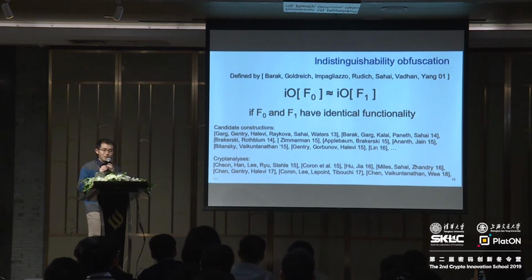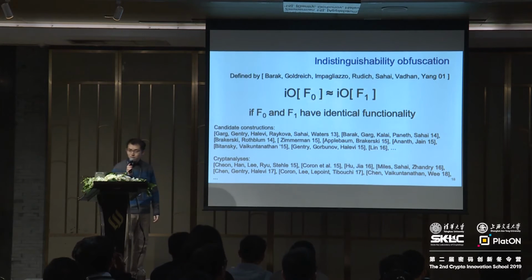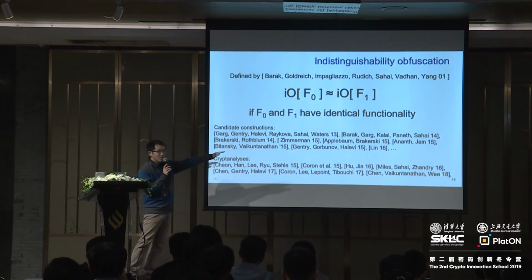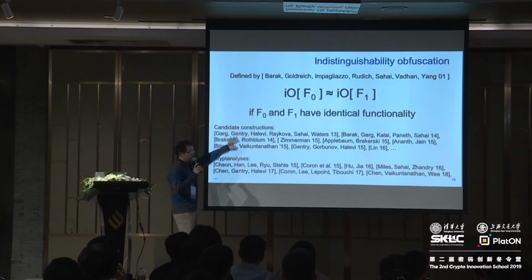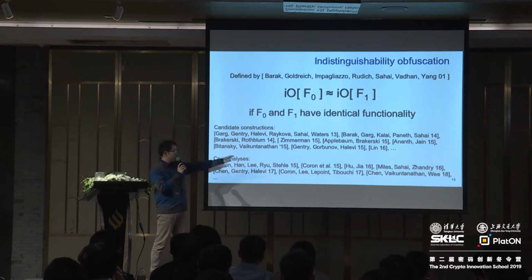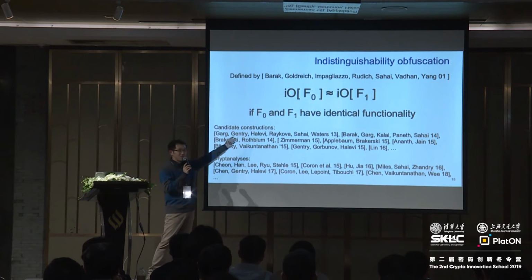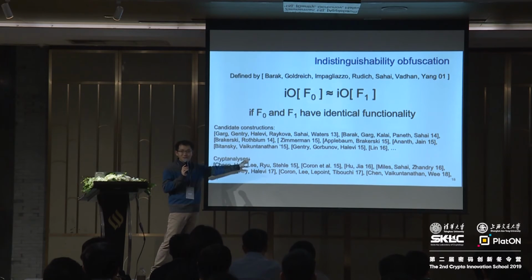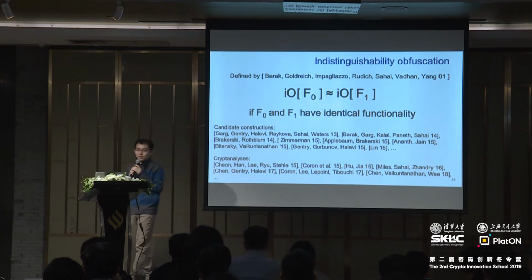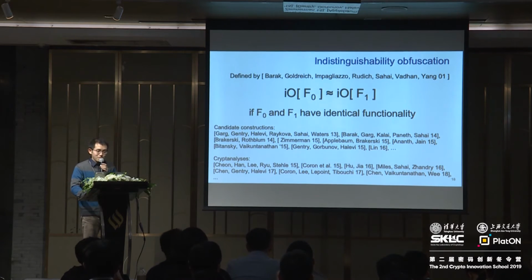In this citation list, I stop at the 16th construction; if you continue, you can fill the whole screen with new proposals. And for the cryptanalysis, I also stop at 18; if you continue, there are more. Still, the number of candidates is growing faster than the number of attacks. So you can assume right now there are some I/O schemes which exist, because we don't have the time to attack them all.